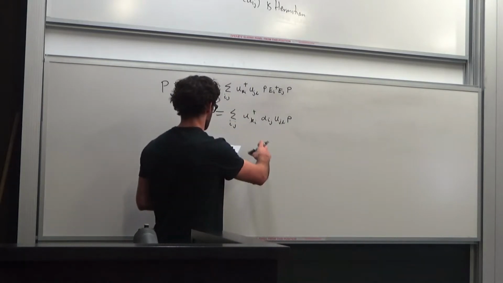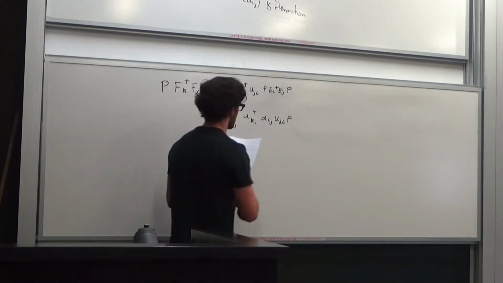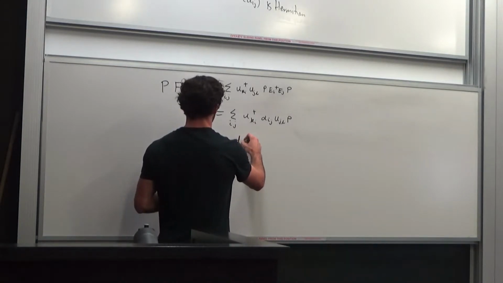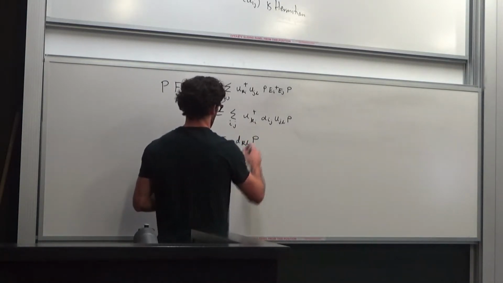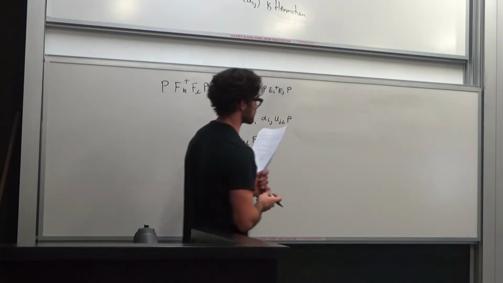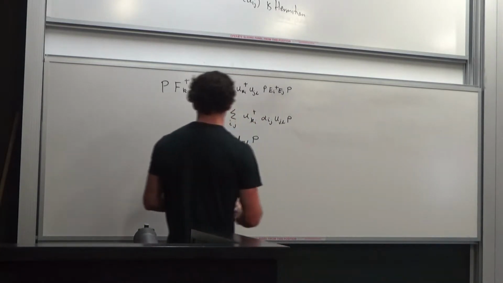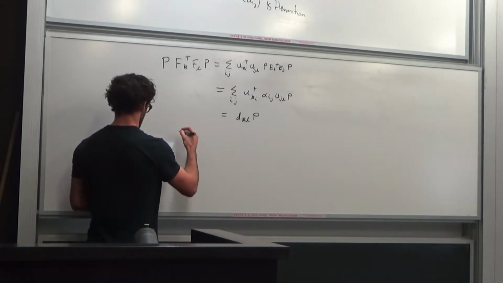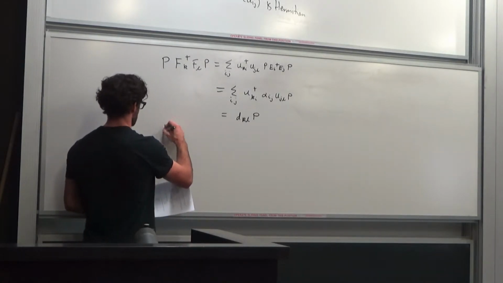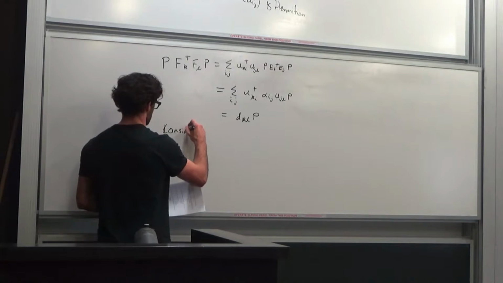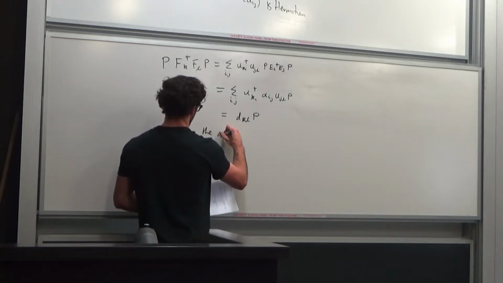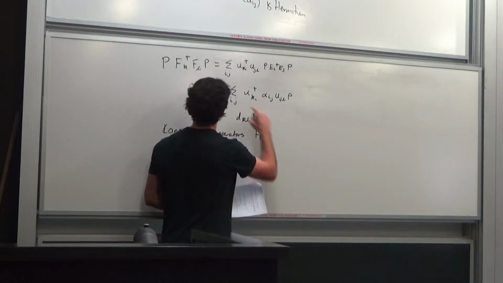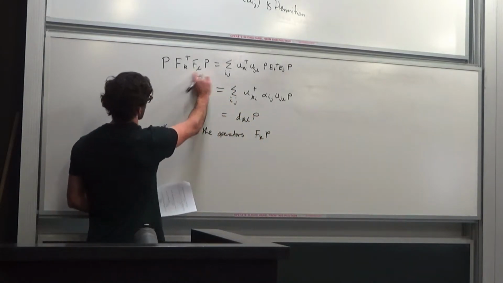This is where we're using the assumption. And we're using the diagonalization. Now, we're going to have a look at these operators. So consider the operators F_K P, so sort of this guy.